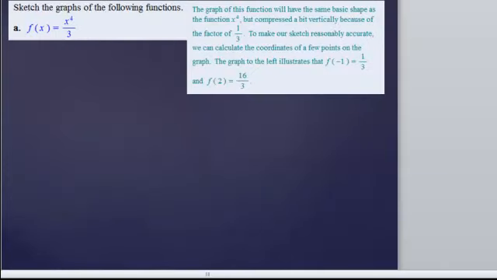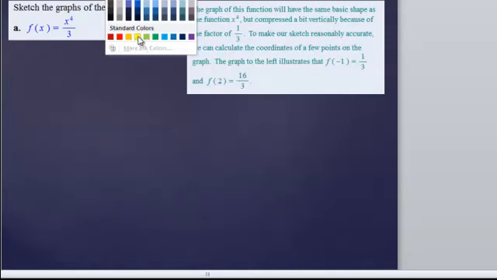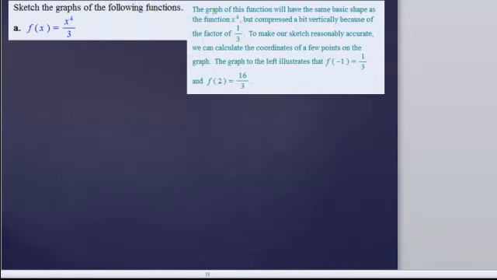Sketch the graphs of the following functions. So we have f of x equals x to the 4th divided by 3. Now what I have here, I went ahead and put the Hawkes Learning System statement. What it's telling you is that since this is multiplied by a fraction, 1/3, remember what we talked about in the previous section?